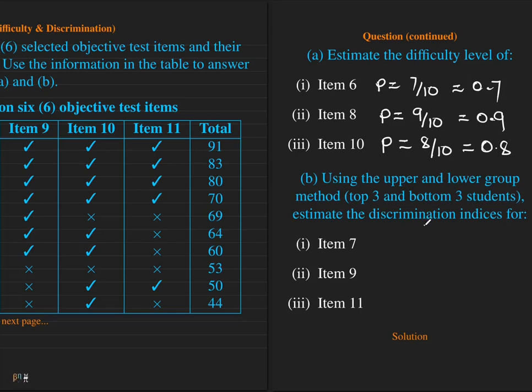First of all, you have to arrange all the answer sheets of the students in descending order. What I mean is their total scores. You'd have to arrange it in descending order from the highest to the lowest. So, as we can see from the table we have here, they have all been arranged in descending order. Hence, our first part is done.